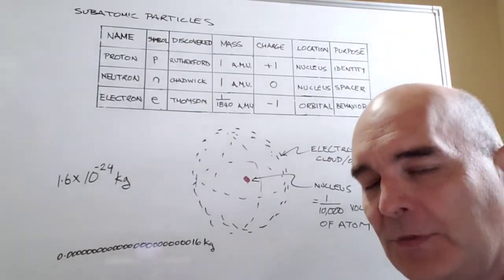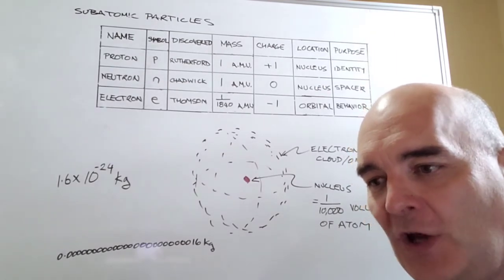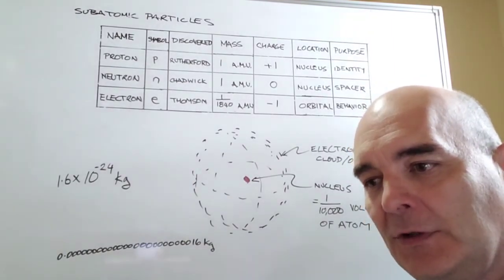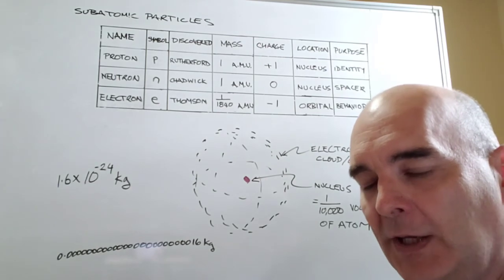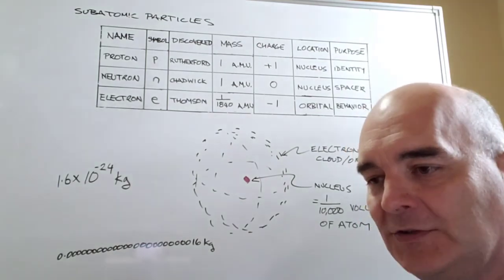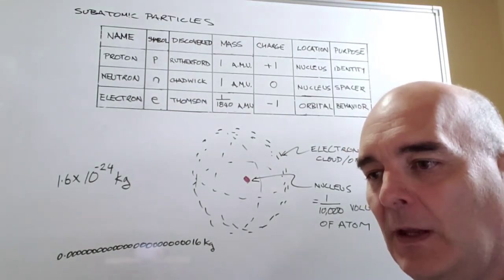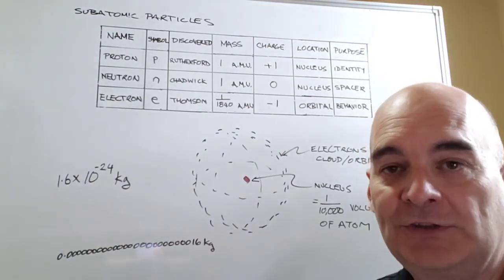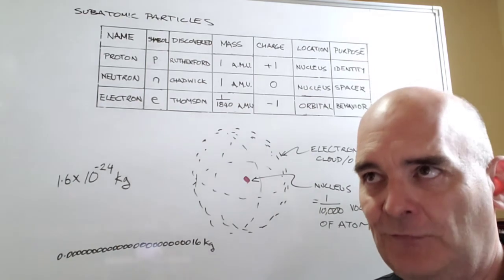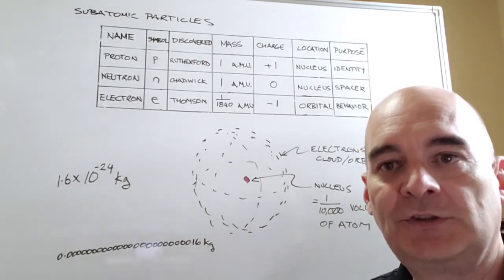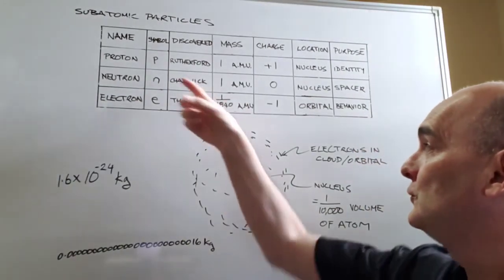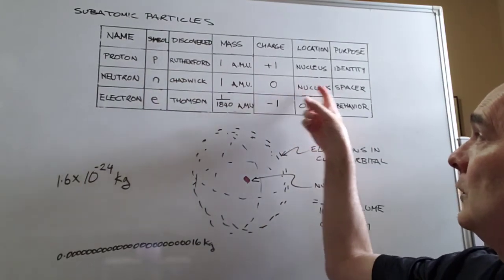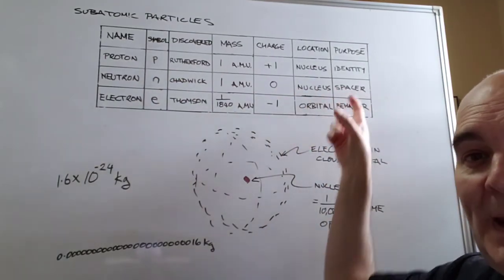Now, because protons are positive, if I'm shoving all the protons inside the nucleus, this tiny little space inside the atom, all of that positive is going to repel because like charges repel each other. Different charges attract, like charges repel. And so the neutron, the thing that has no charge at all, acts as a spacer.